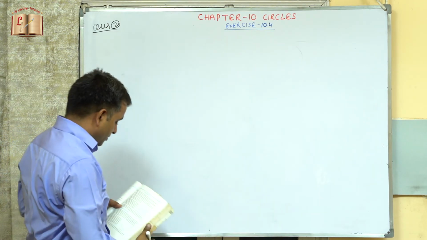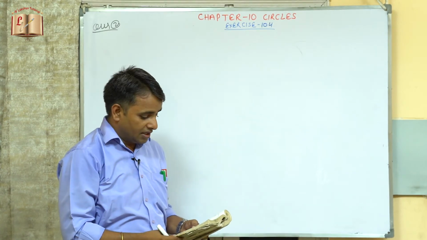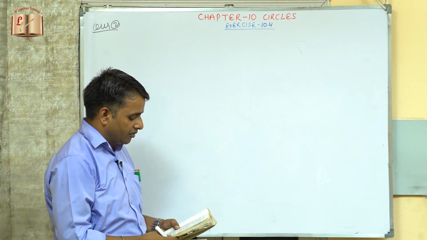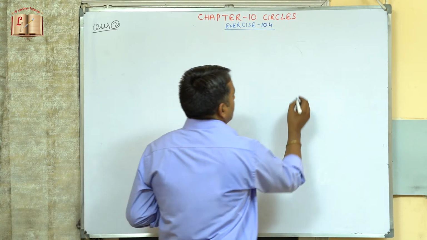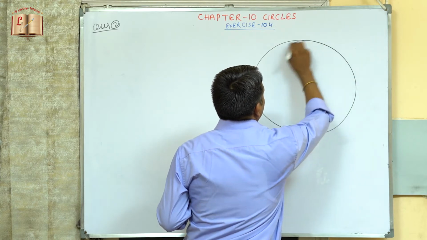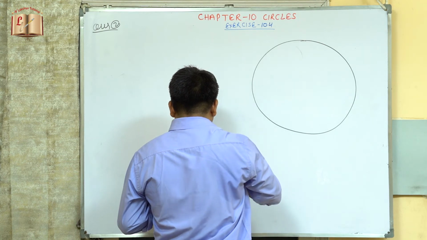Coming to question number 2: if two equal chords of a circle intersect within the circle, then prove that the segments of one chord are equal to the corresponding segments of another chord. So this is the circle, and there are two equal chords.